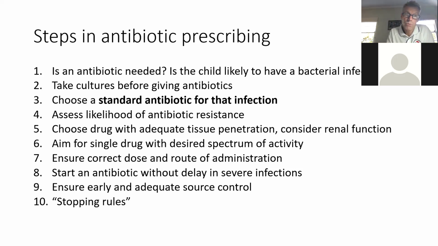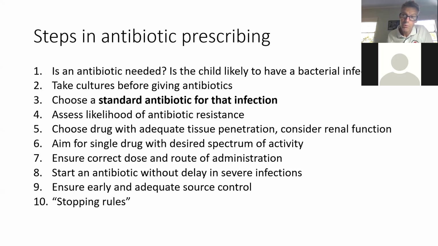This is something very important, that we should ensure early and adequate source control. So we've all seen children who are treated with antibiotics, but the antibiotics don't work. And that's because there's not adequate source control. They had an abscess that wasn't drained, a collection of pus that wasn't drained, or osteomyelitis that needed surgery.